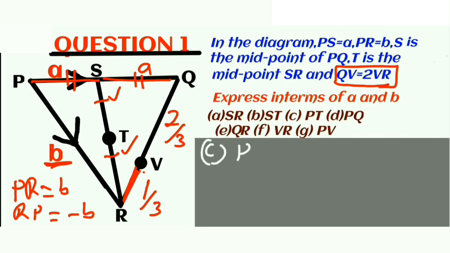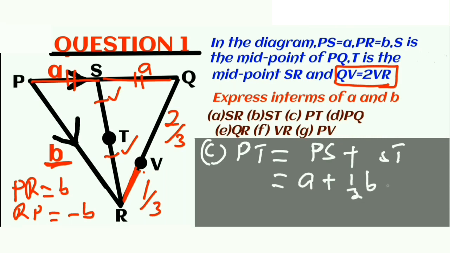Question C. PT equals PS plus ST. PS equals A, plus ST. From question B, ST equals half B minus half A. Then you have to collect like terms.